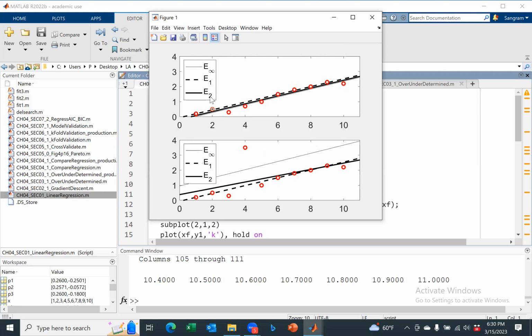Now, one thing I want you to observe, and it is an interesting observation, is that when the data is well aligned, which means in the first figure you will see all these data points are very closely aligned, you will notice E1, E2, or E infinity norm are close to each other.